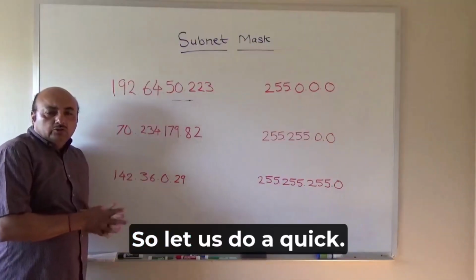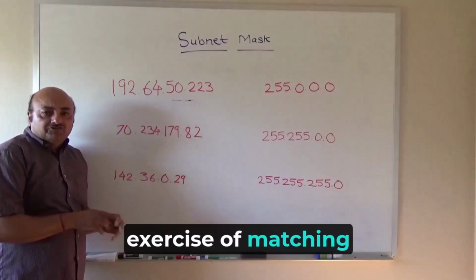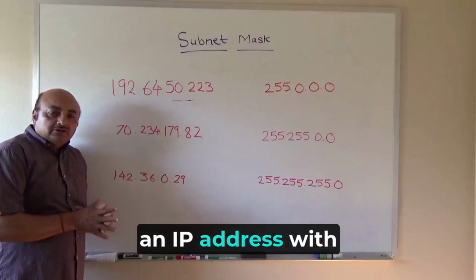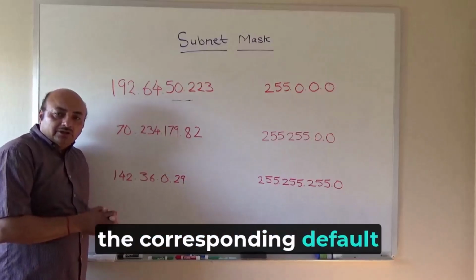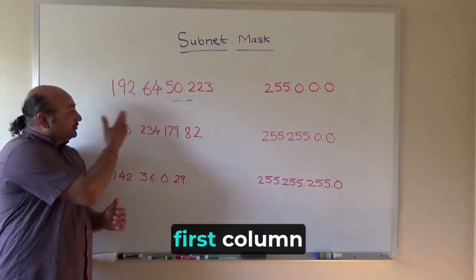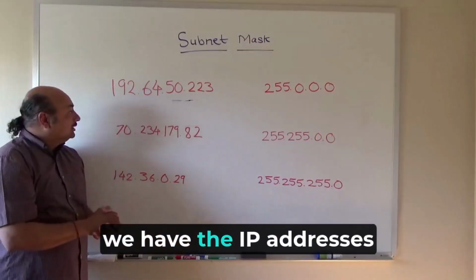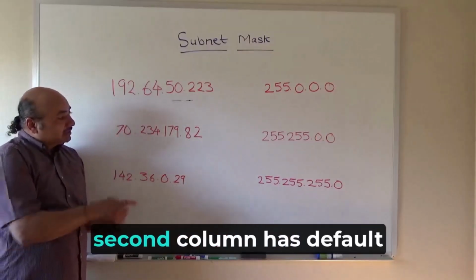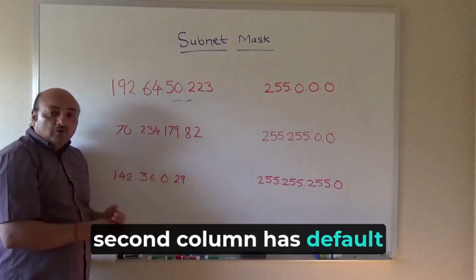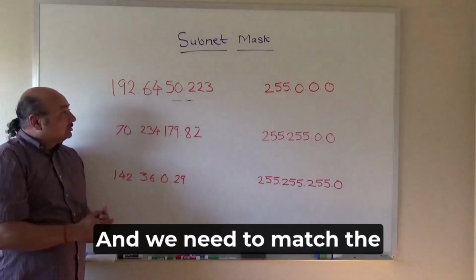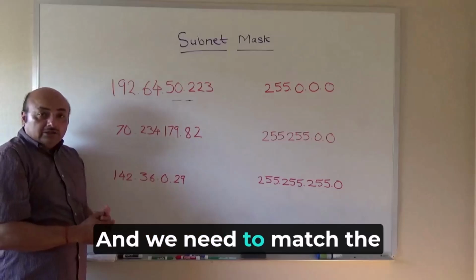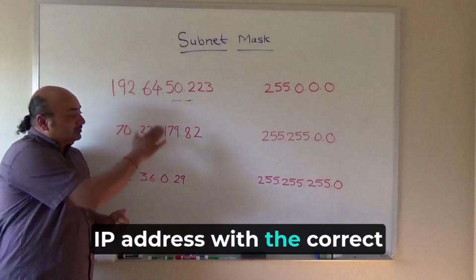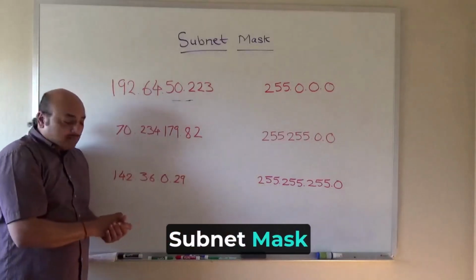So let us do a quick exercise of matching an IP address with the corresponding default subnet mask. In the first column, we have the IP addresses and the second column has the default subnet masks. We need to match each IP address with the correct subnet mask.